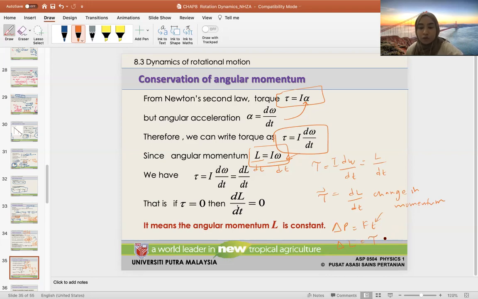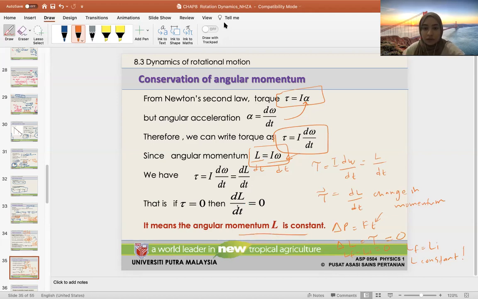So if torque is equal to 0, it means that L final minus L initial equals 0, right? Which means that L final is equal to L initial, which means that L is a constant. So when torque is 0, you have conservation of momentum.